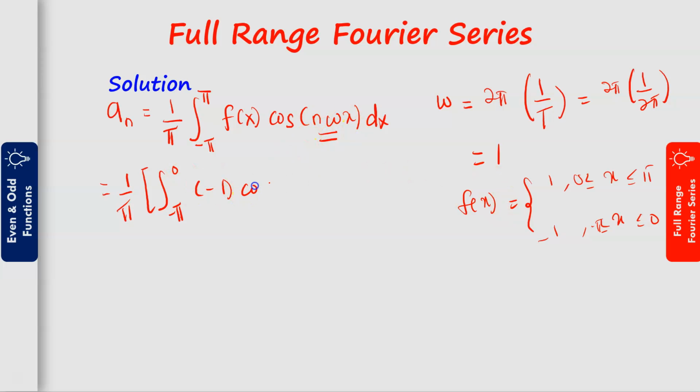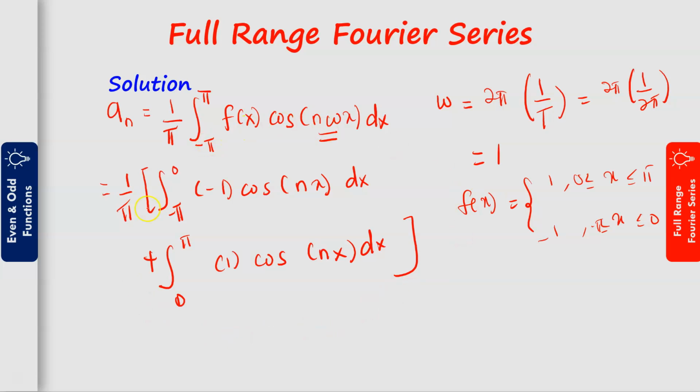We multiply with cos, and omega is 1, so cos nx dx. And then we add the integration from 0 to pi. So this one, 1 multiplied by cos nx dx, means that you have to solve this integration. When we solve this integration class, we get 1 over pi, integrating from negative pi to 0, this one negative cos nx.